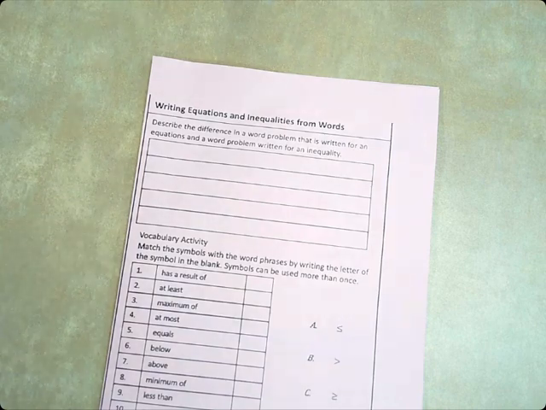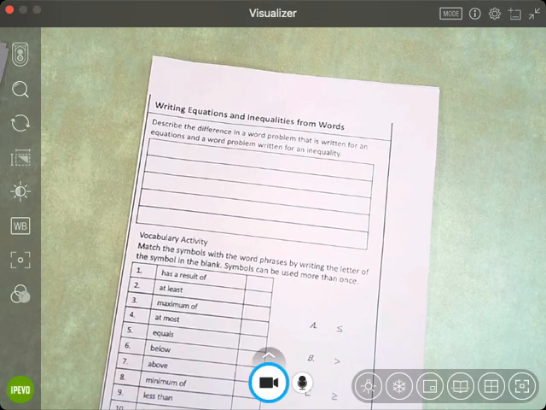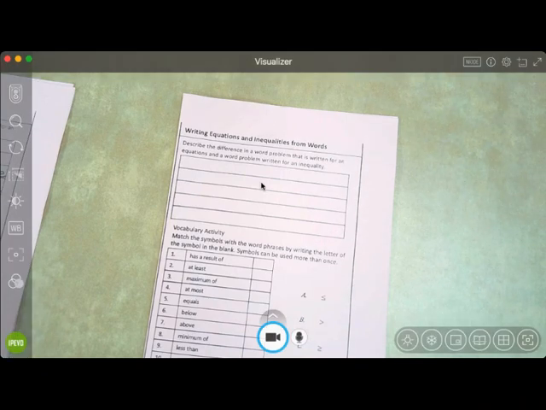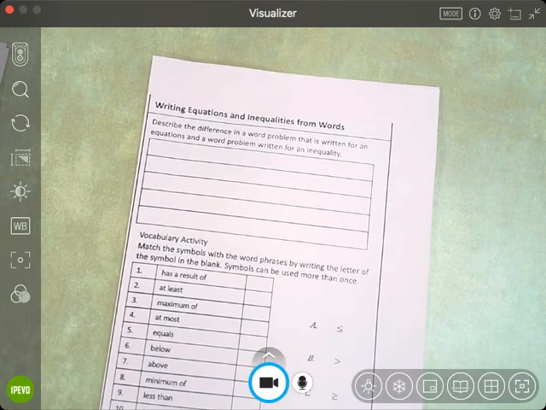So how do you know, if you're given a word problem, that you're going to have an equation versus an inequality? So talk to your group about it. So with an equation, it's just asking for one specific number. That's what we're going to write.